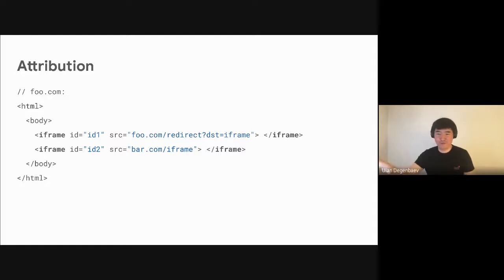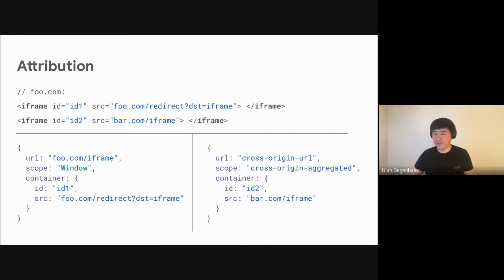Let's say we have foo.com, and it embeds 2 iframes. One is a same-origin iframe, and another one is a cross-origin iframe. And let's also assume that the same-origin iframe redirects internally to another URL. Then in the result that we will see for the same origin, the URL field will contain the most recent URL of the document.